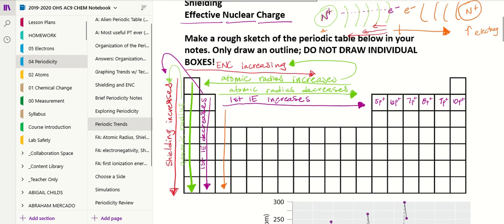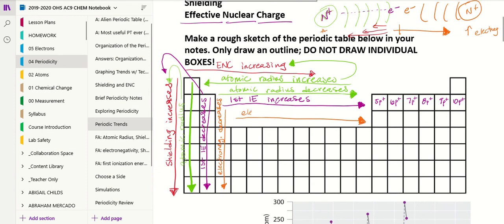So, as I go down a group, what happens to electronegativity? Again, we're looking at the attraction between the nucleus and valence shell. It should decrease. Okay? Because I add more shielding, my electronegativity decreases. What happens as we go across a period? It should increase.